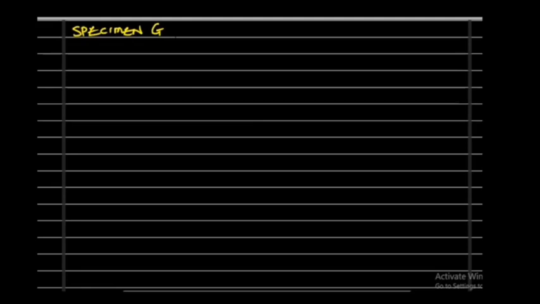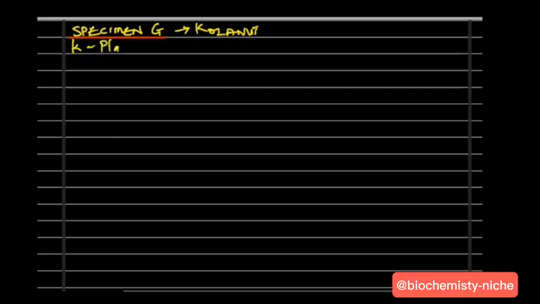Specimen G, the Kola nut. So what do we have to say about the Kola nut? Quickly, let us look at its botanic classification. It belongs to the kingdom Plantae.